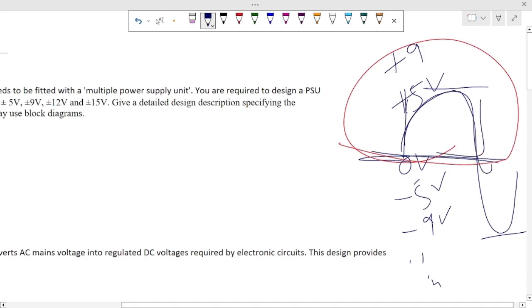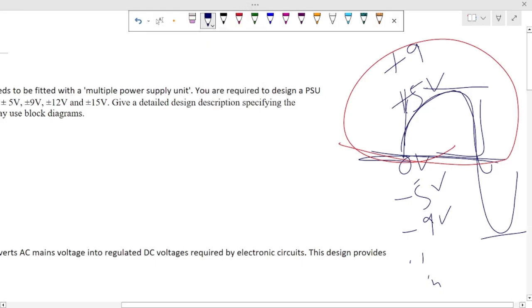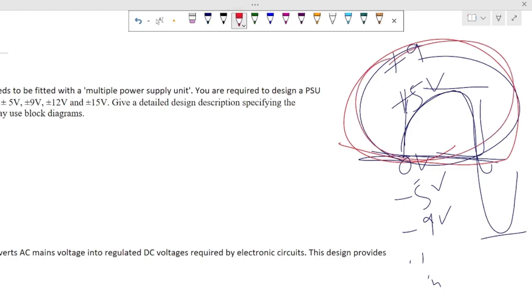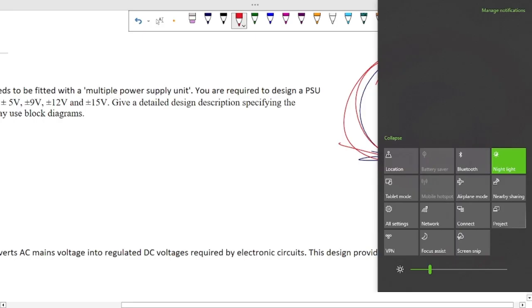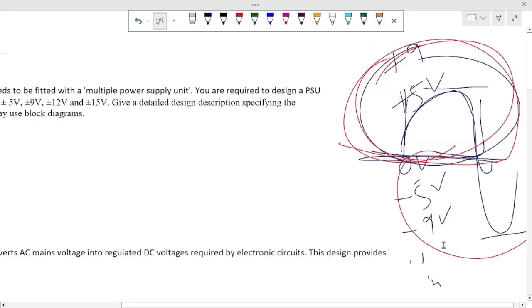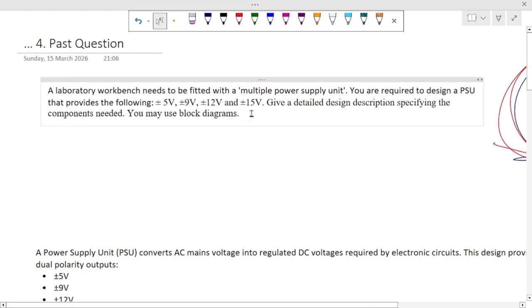We only have half of the signal. But if we are having positive and negative voltage, we'll have both the positive side of the signal and the negative side of the signal. Okay, so how do we create negative voltage? Now that is part of our design. So this is the question.